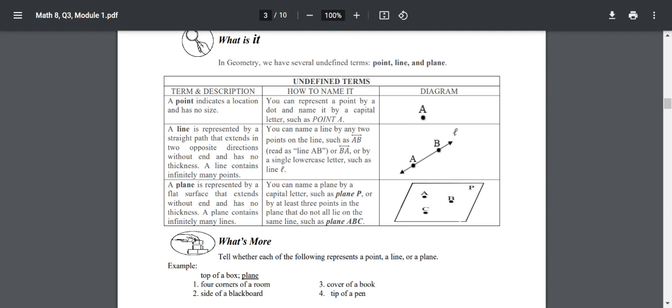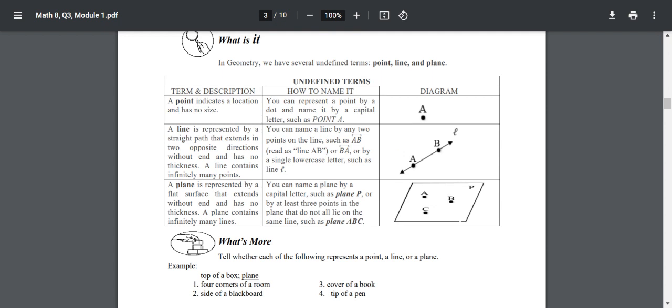How to name it? You can name a line by any 2 points on the line. From its definition, there are infinitely many points within a line, so you can choose any two points that you can use to name the line, such as AB, with a line on top with two arrowheads.